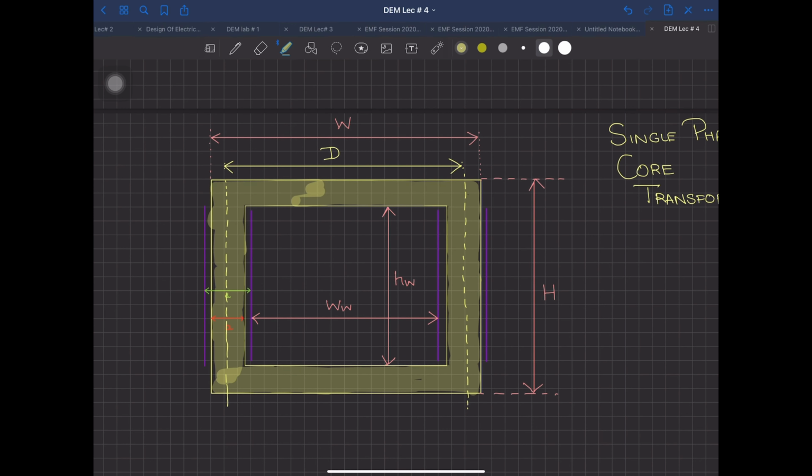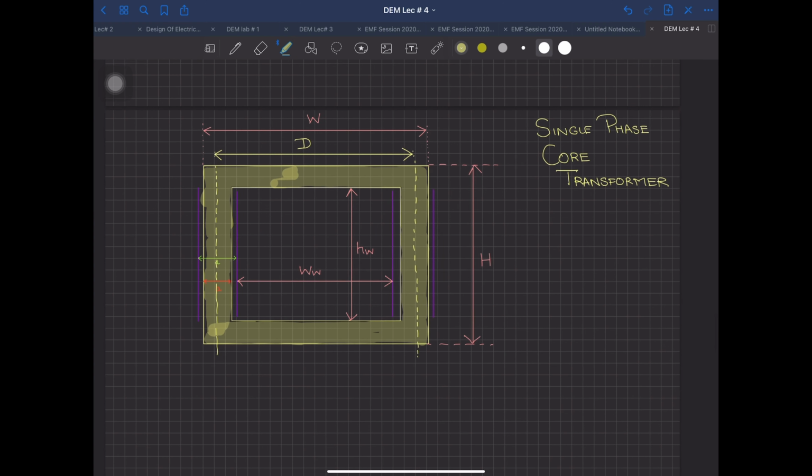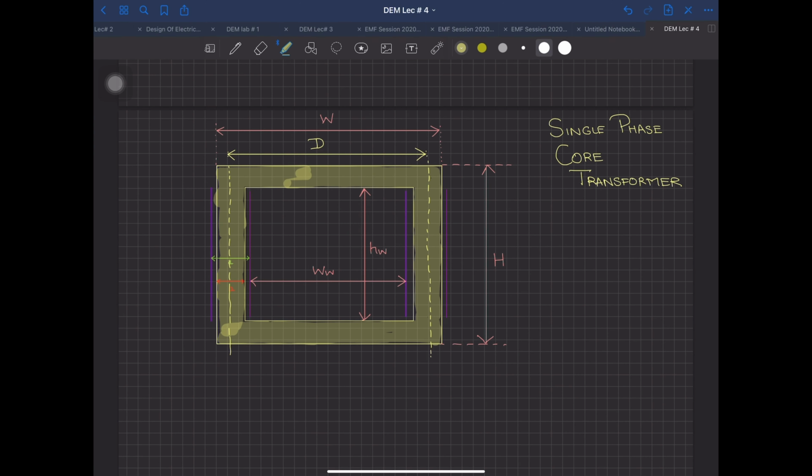This is my core over here. It's a single phase core type transformer. The dimensions are given over here as D, W, H and everything. Now I'm more concerned over here with what is the area of the window first.